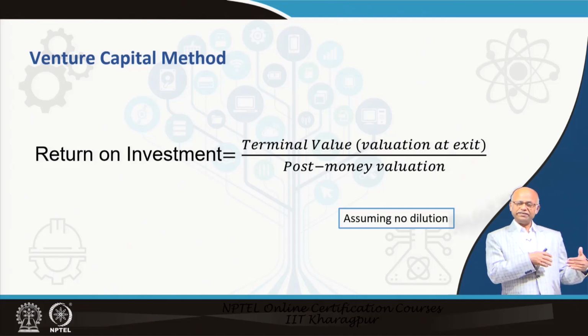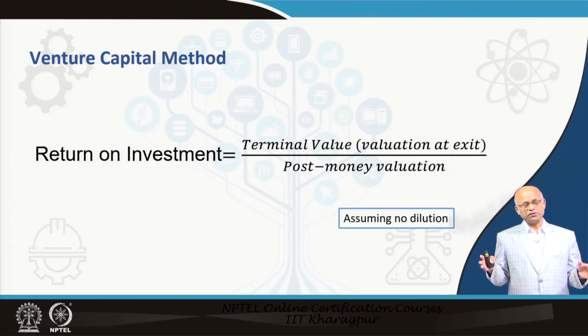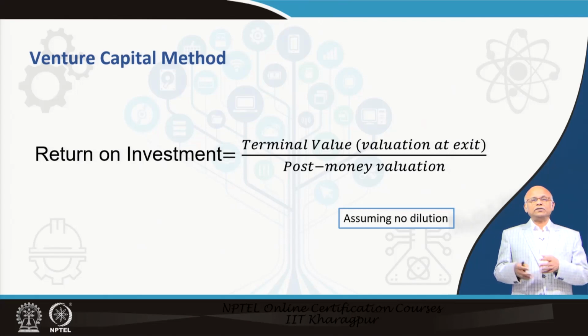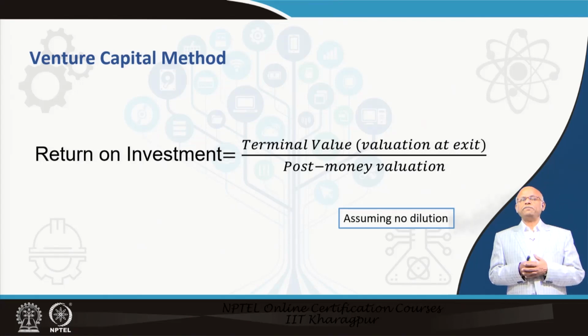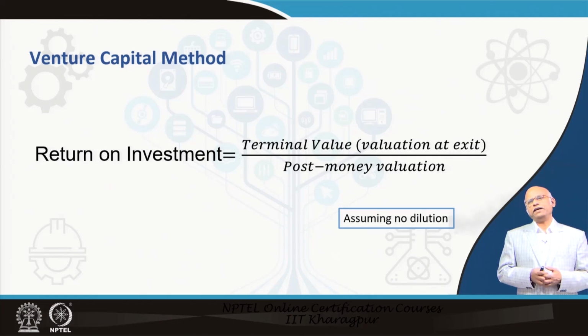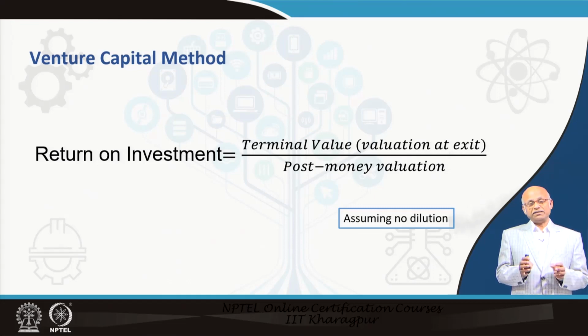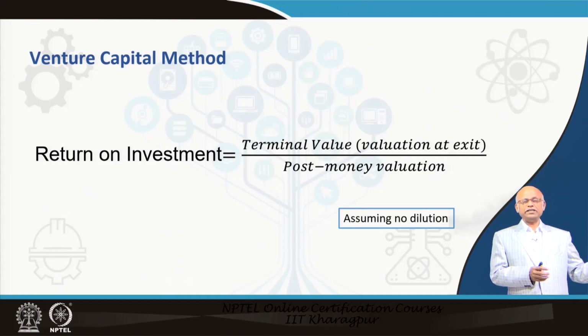That is called terminal value. So, their return on investment is the total value of the company divided by whatever post-money valuation they are making today. Today they think that they will be bringing some $1 million into the company. Suppose your company pre-money value is $4 million.